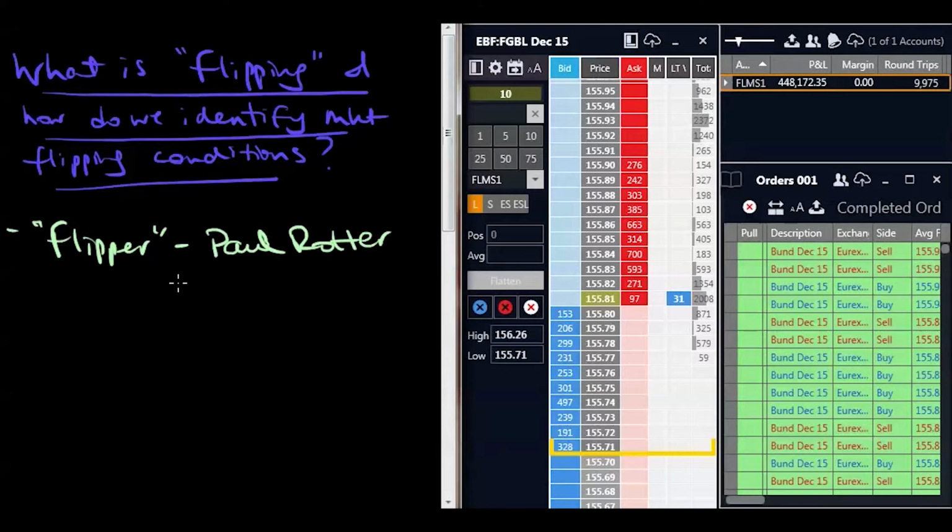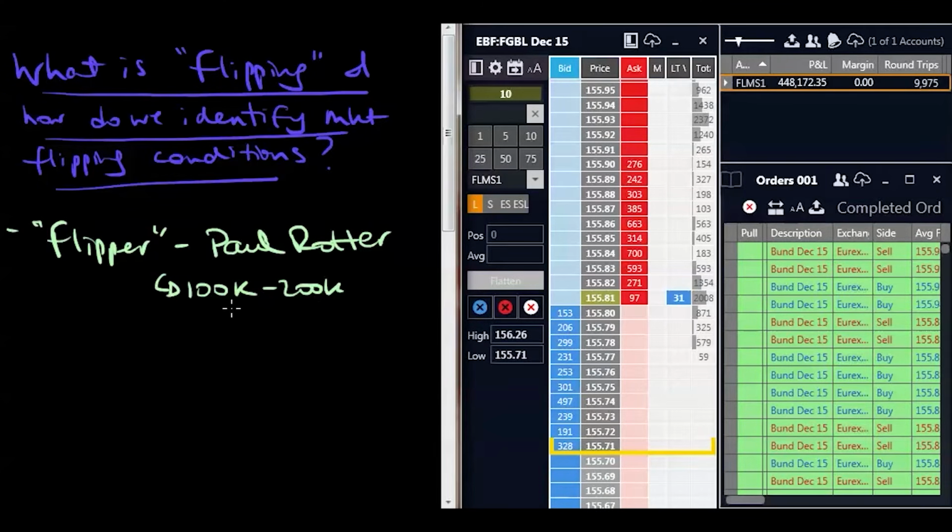This guy used to do, on average, from what I've read, between 100K and 200K transactions a day, and on a good day, 1 million transactions, or round trips, as we call them. That's astronomical.